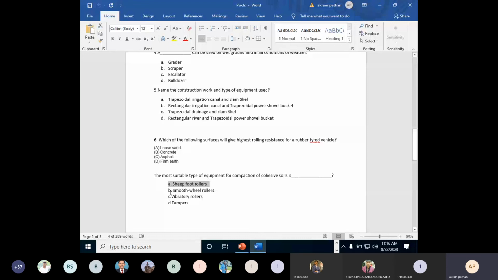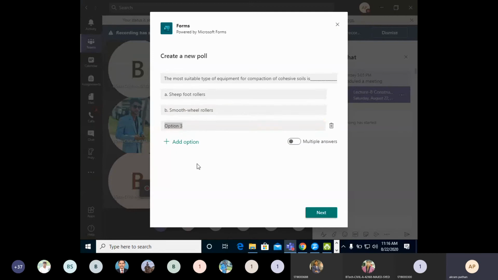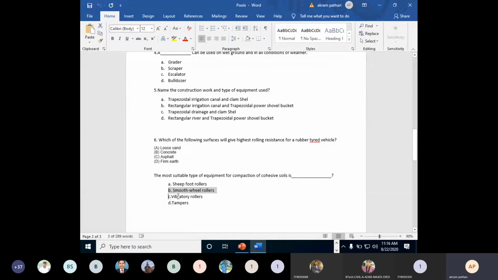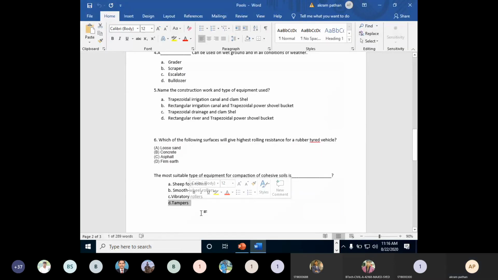The second option is the smooth wheel roller, the third one is vibratory roller, and the last is dampers.